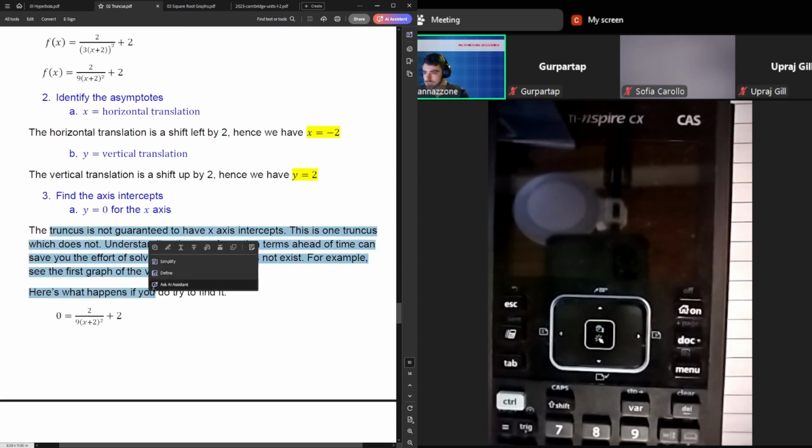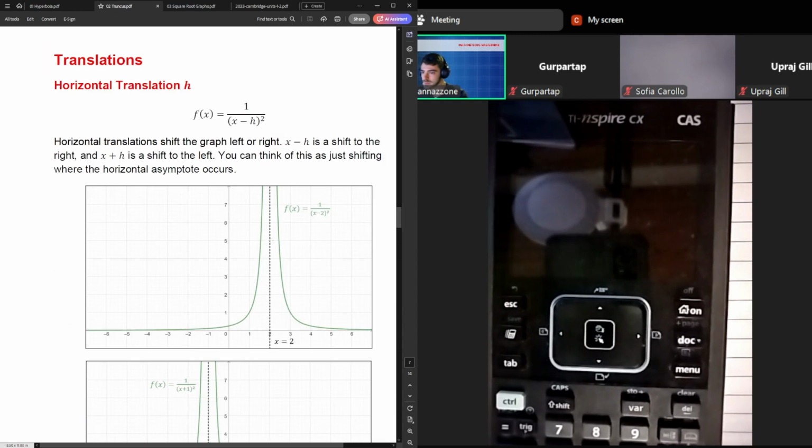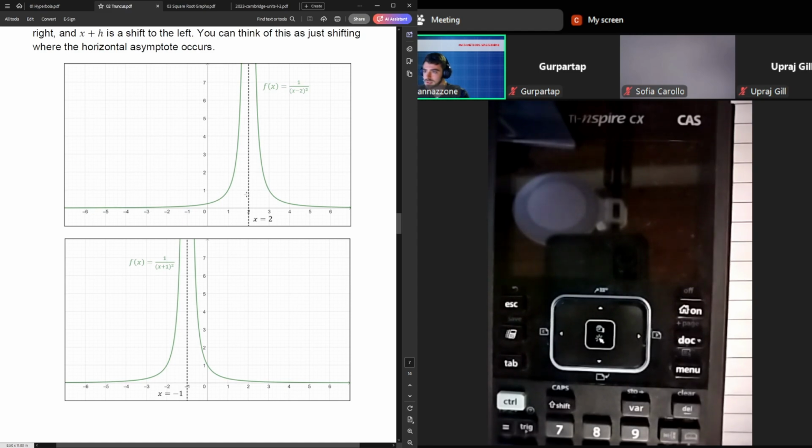Now, for the truncus, you're not necessarily guaranteed to have x-intercepts. If we scroll all the way to any of these, there's actually an asymptote on the x-axis. It never actually touches, and so you're not necessarily guaranteed to have any x-intercepts. You will have a y-intercept in almost every case.